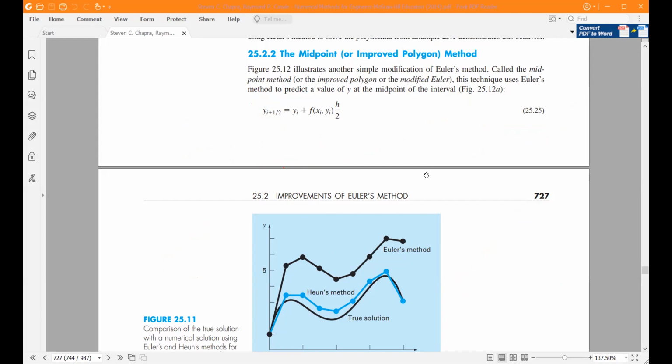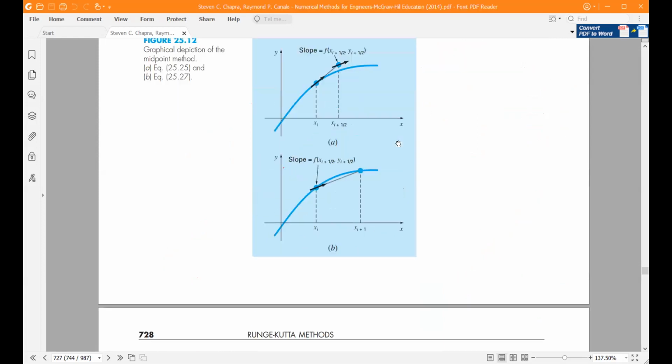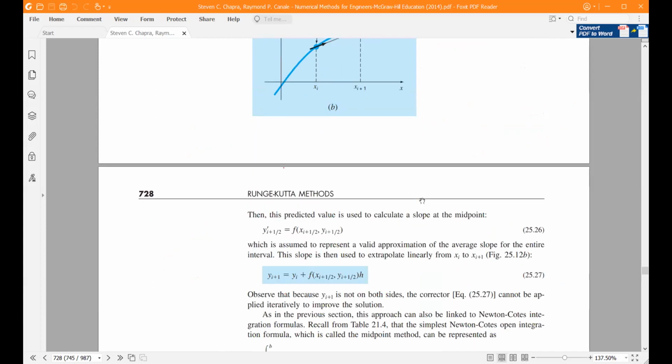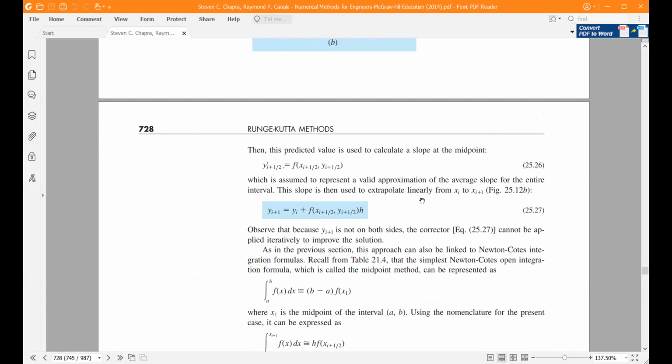It is not very difficult to understand, very simple. All these things are explained in this figure. Your algorithm is this: your slope at the midpoint is calculated by equation 25.26. Once this slope is available to you, then we apply Euler's rule, replacing your slope function phi by f of xi plus half, yi plus half.